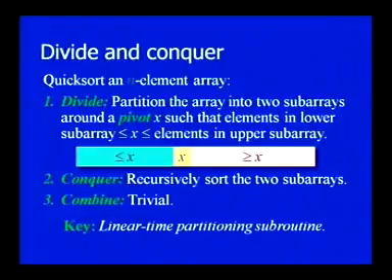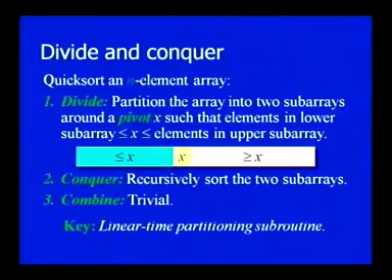The algorithm of quicksort goes like this. It tries to find a pivotal element. Unlike merge sort, the division is not an exact half, but rather it tries to find an element which is called a pivotal element.